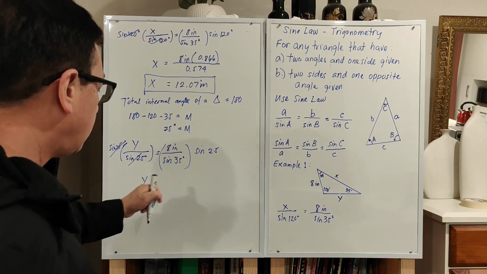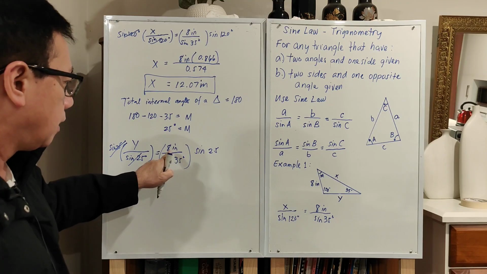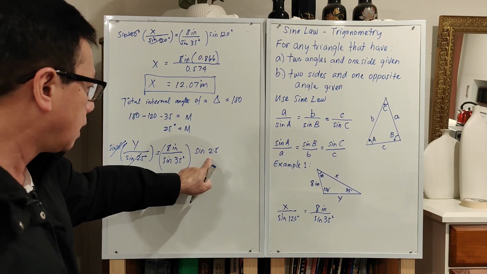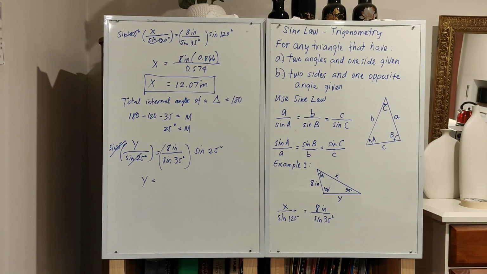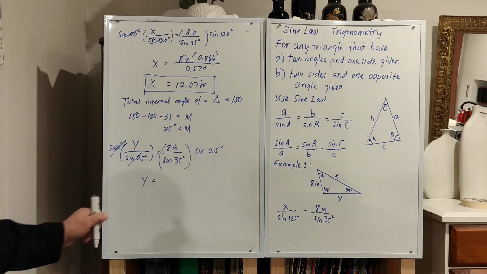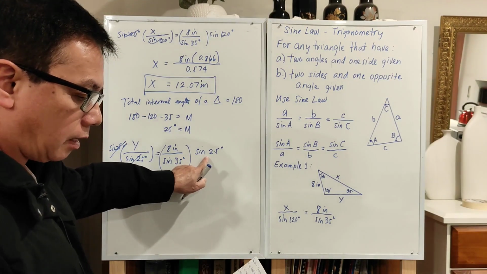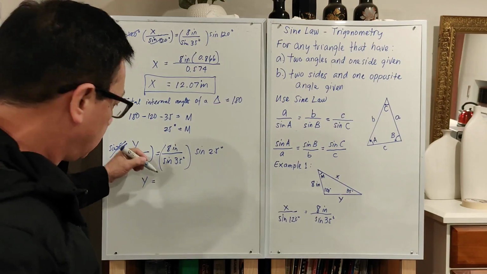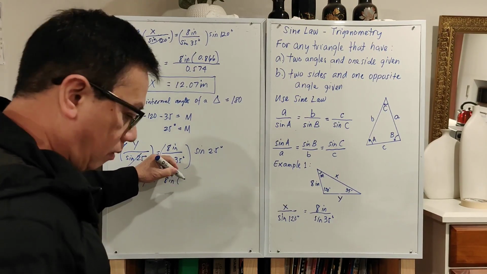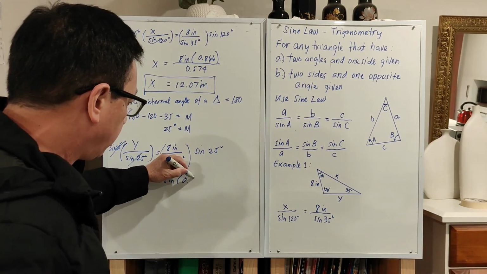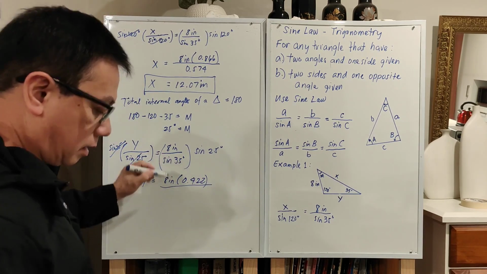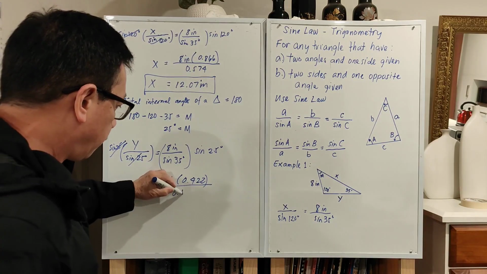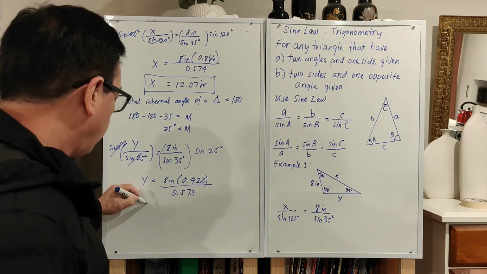So your y will be 8 inches times sine of 25 degrees divided by sine 35 degrees. So using the calculator, we can see that sine 25 degrees is equal to 0.422 and sine 35 degrees is 0.573.